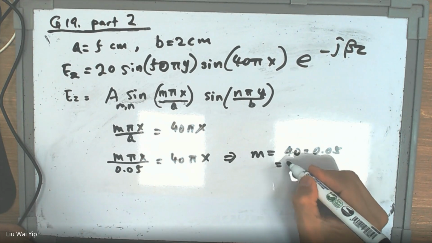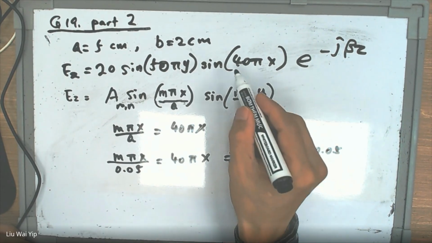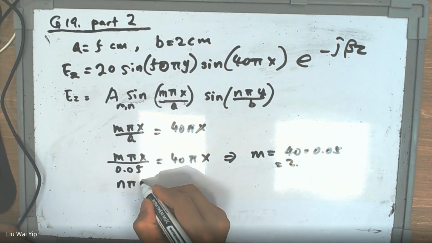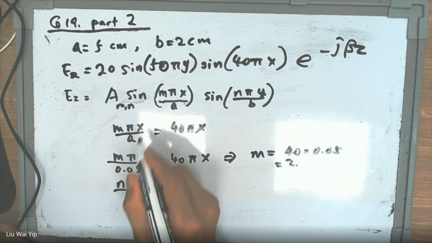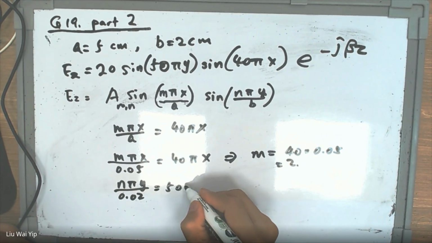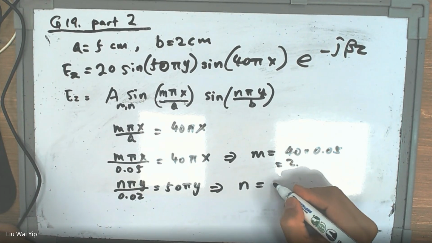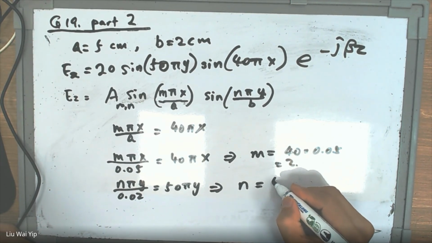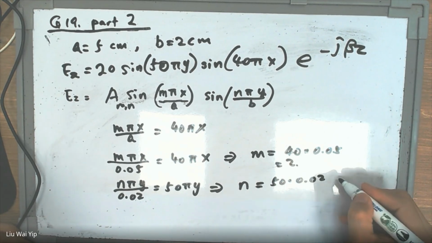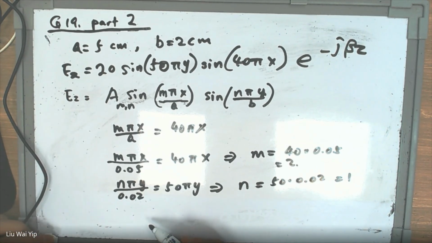So you get 2. Okay? Now, if you compare this term with this term, n pi y over b, b is equal to 0.02. It is 50 pi y. So from here, you will get n is equal to 50 times 0.02. So the answer here is 1. Okay? So based on the information here, you should have enough.